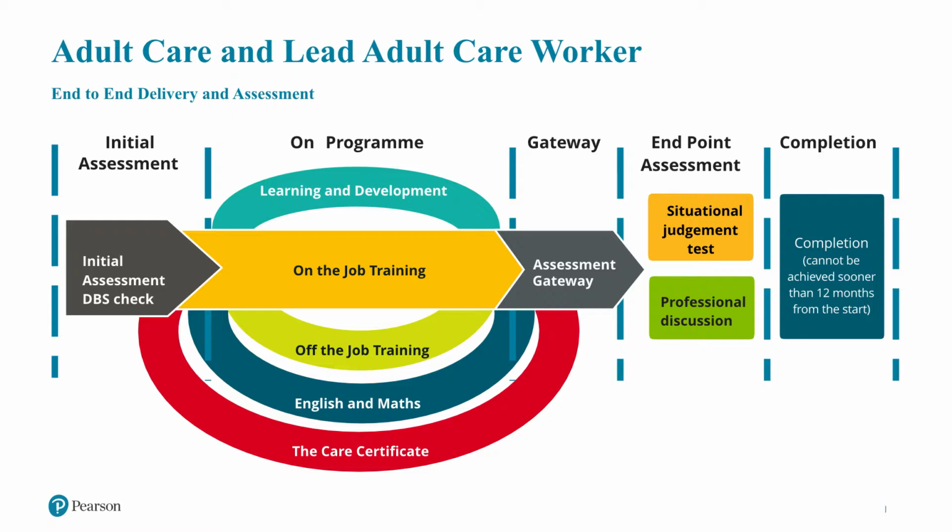Just going back to the off the job training requirements. So the SFA in their guidance define off the job as learning which is undertaken outside of the normal day-to-day working environment and leads towards the achievement of the apprenticeship. This can include training that is delivered at the apprentice's normal place of work, but must not be delivered as part of their normal working duties.